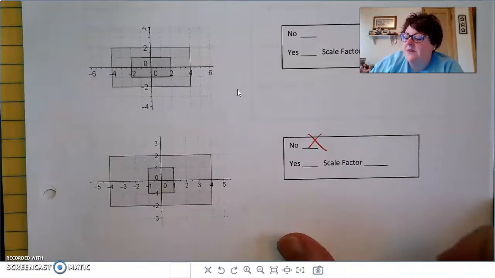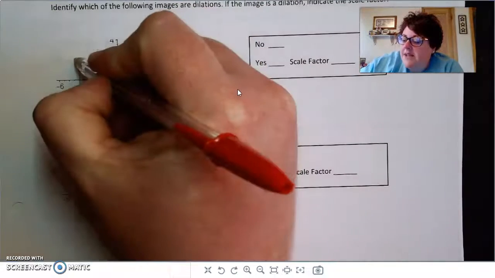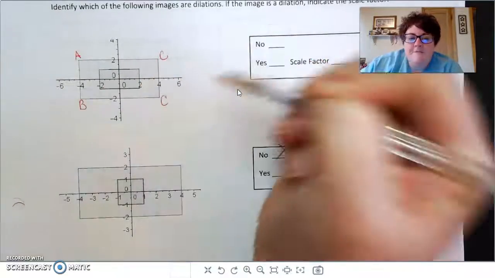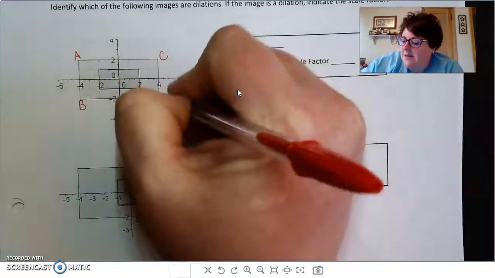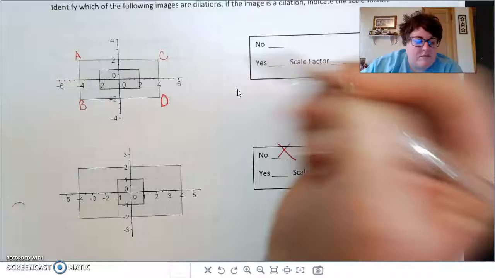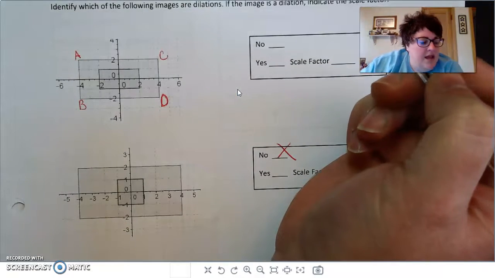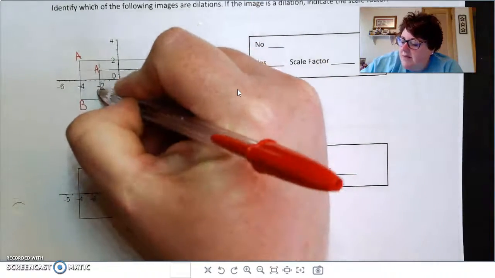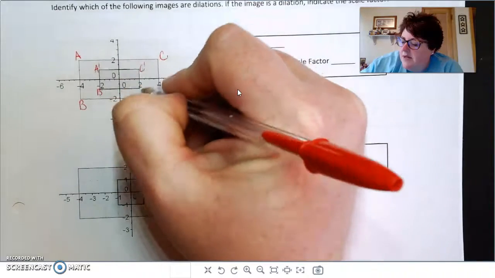So if we look at the first one, first of all, I'm going to label my big pieces A, B, C, and D. Then I'm going to label the inside A prime, B prime, C prime, and D prime.